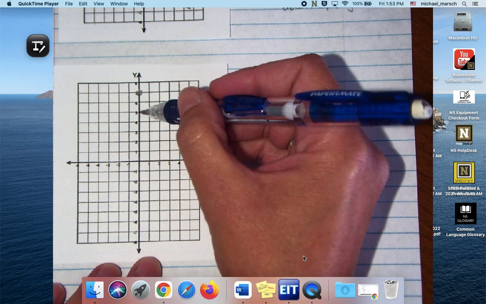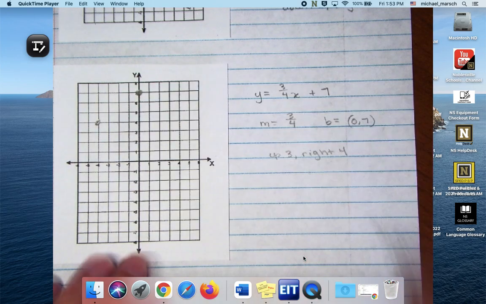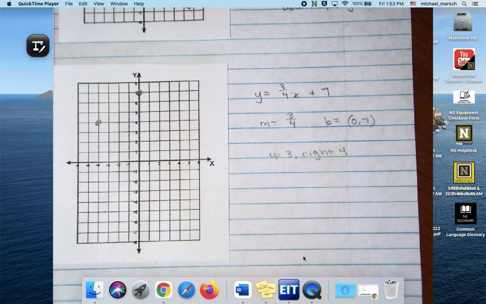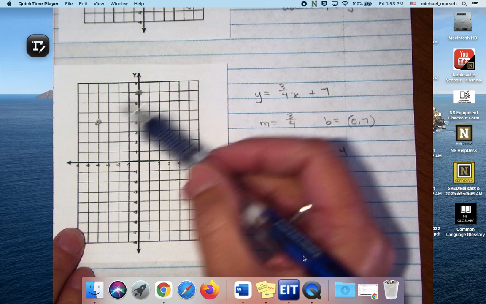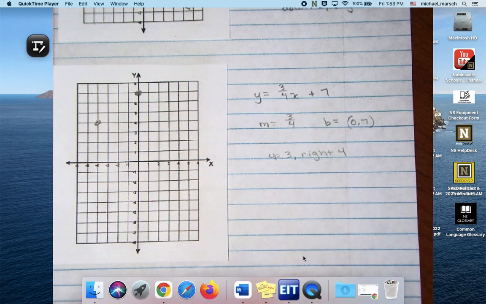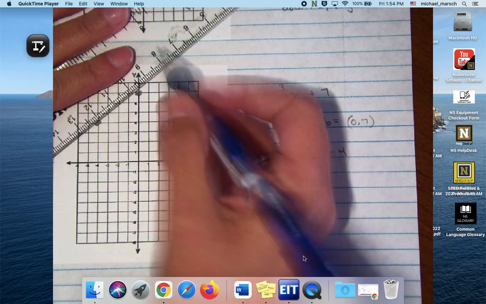It's down 3, back 4. And you can see how if I could have extended it, it would continue on in that same direction. Can I even plot another point? Nope. So sometimes that's going to happen. And then that's all I can do on this graph.